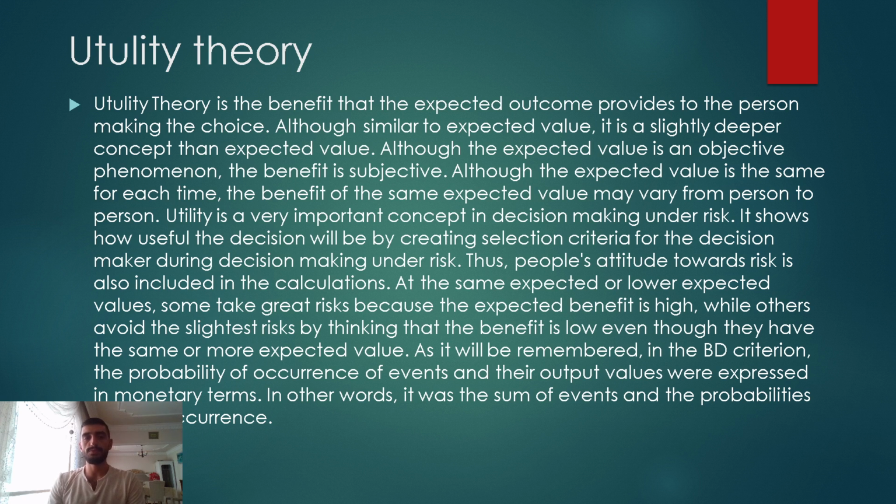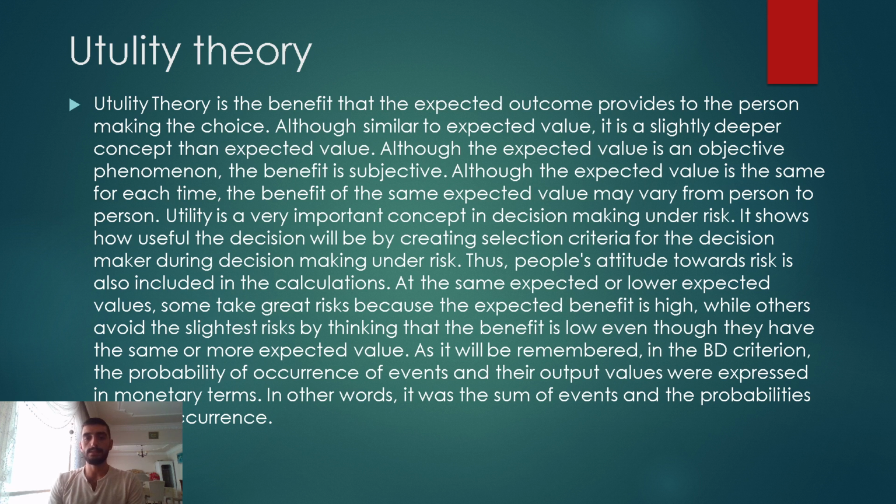It shows how useful the decision will be by creating selection criteria for the decision making during decision making under risk. People's attitude toward risk also includes the calculation at the same expected value levels.